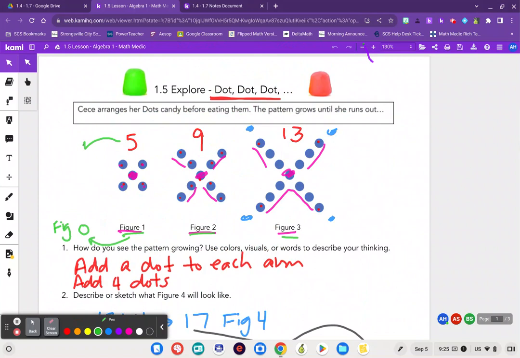If I'm adding 4 to move in a forward direction, I would have to subtract 4. And 5 subtract 4 gives me 1 dot, that 1 dot in the middle. And so that turns out to be my formula, 4n, because I'm changing by 4, plus 1, because 1 dot would be in the 0th figure.